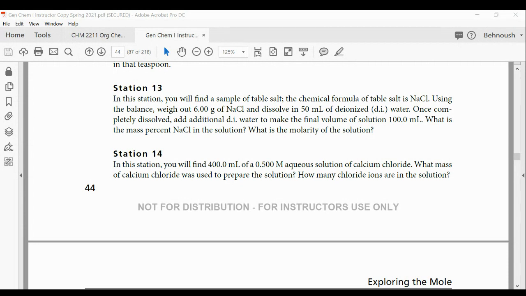And if you have the number of moles, you can go to mass, you can go to particles. So your first step would be to find the number of moles.